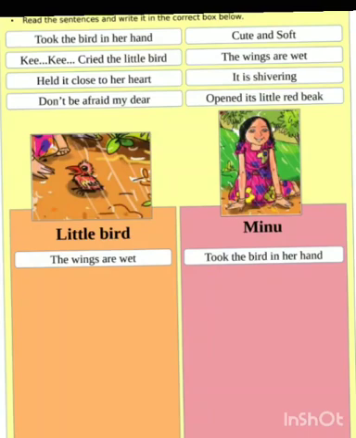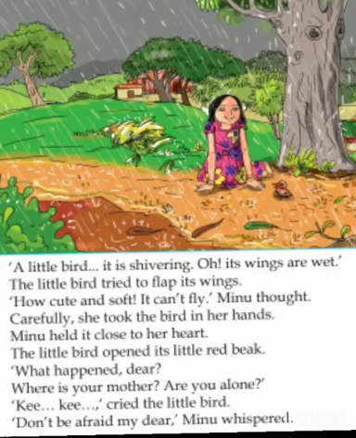Clear? Now the next one is, have you seen this page? Yes, it is the page from your textbook, right? What you have to do is read it nicely, and then you have to answer these questions. Here is the question.